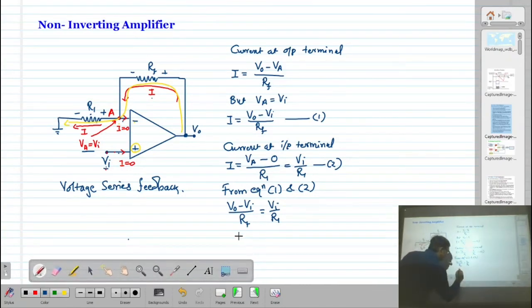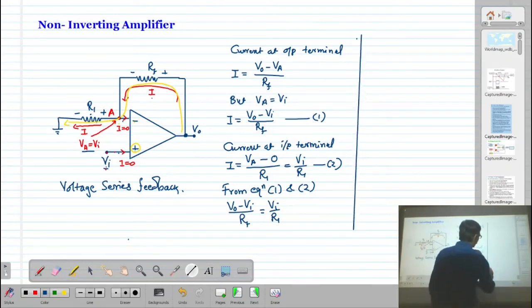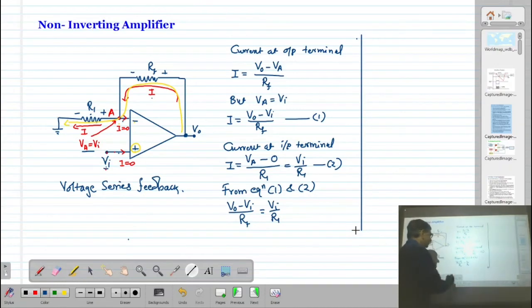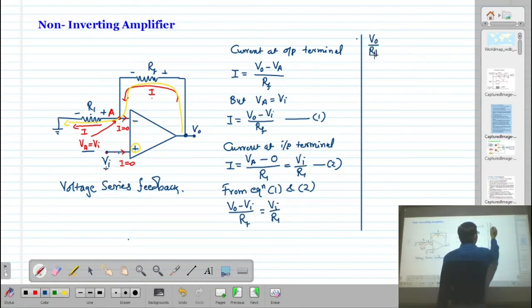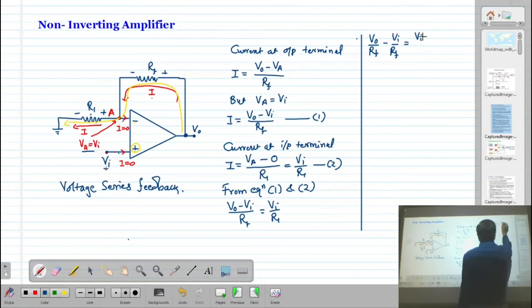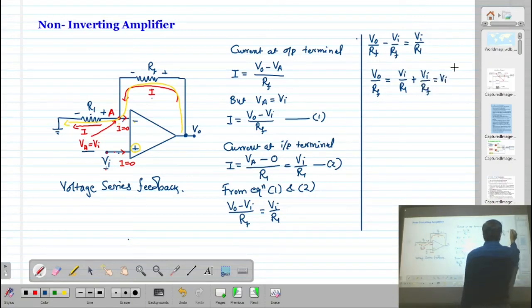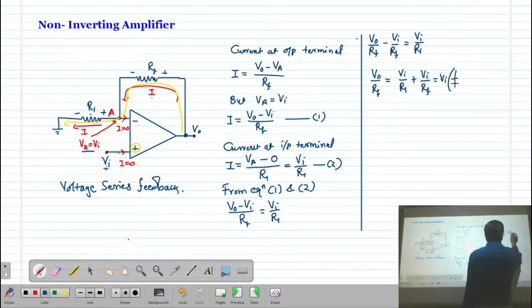So from this expression we can write VO by RF minus VI by RF is equal to VI by R1, or VO by RF is equal to VI by R1 plus VI by RF, and that is equal to VI into 1 upon R1 plus 1 upon RF.